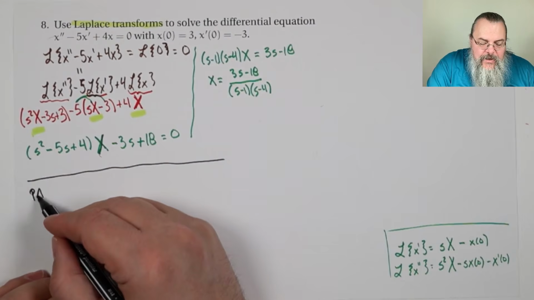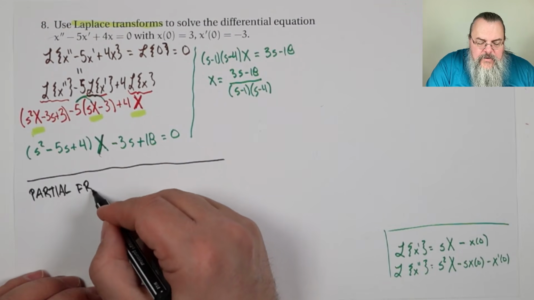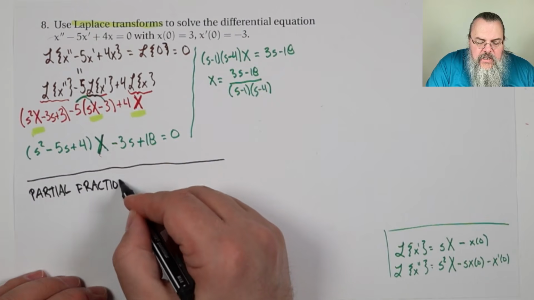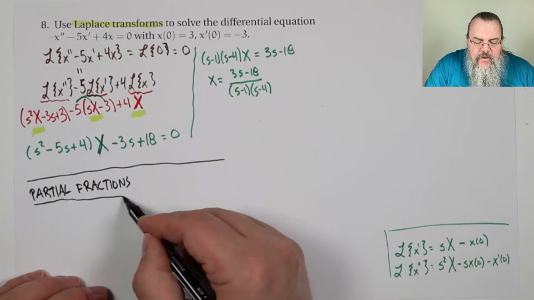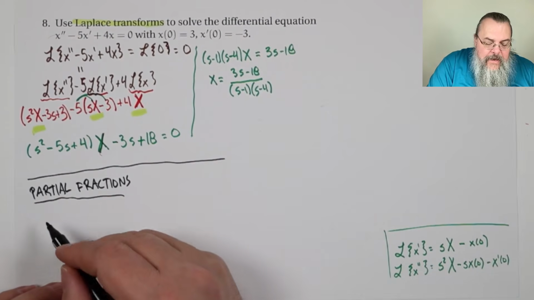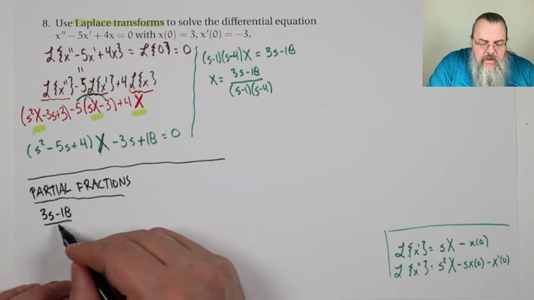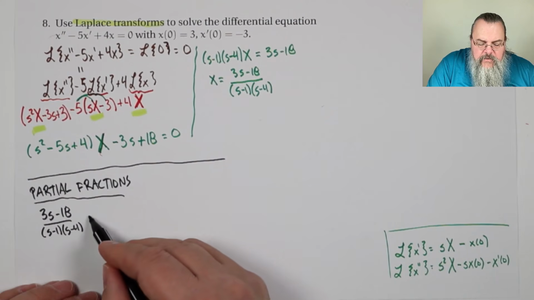Okay, so we come here and say, all right, our work in solving our differential equation has changed slightly. Partial fractions is now our go-to algebra tool. So we have 3s subtract 18 divided by s minus 1, s minus 4, which is already nicely factored.